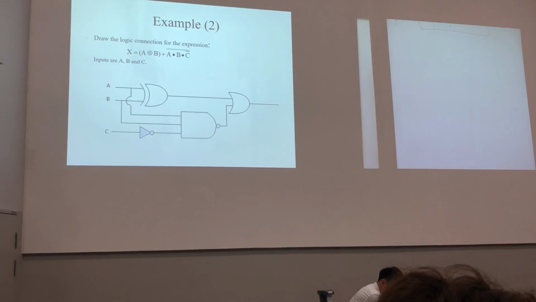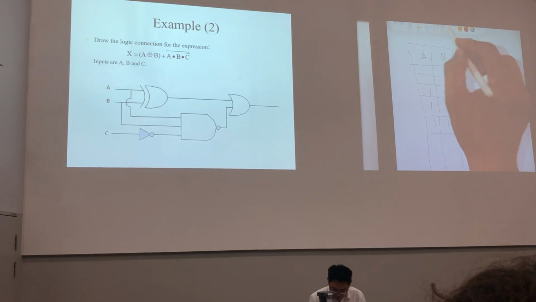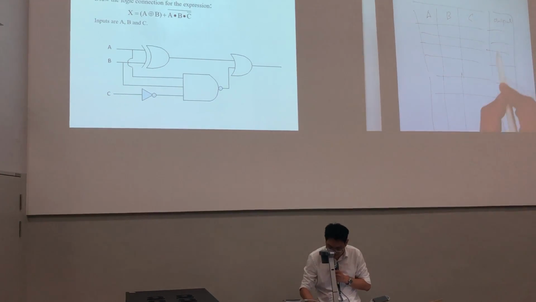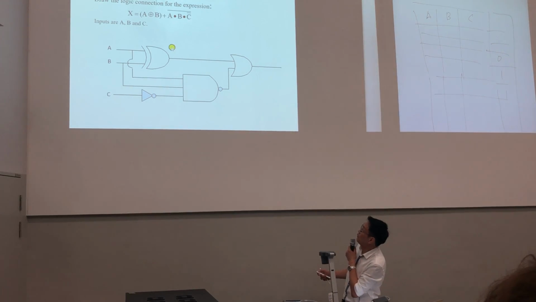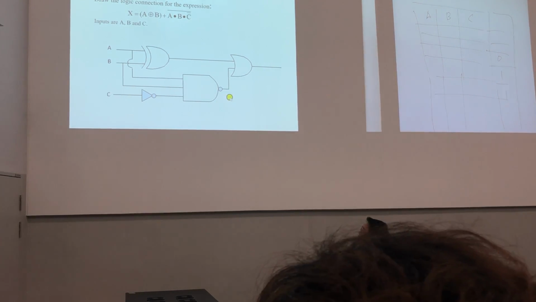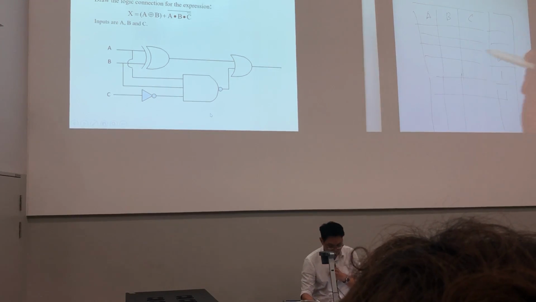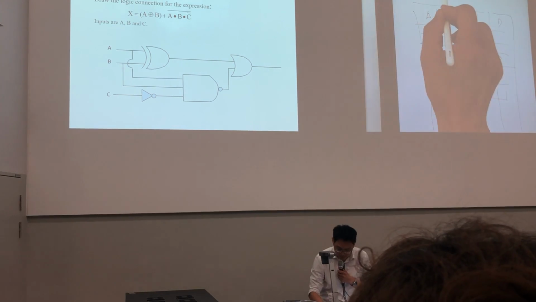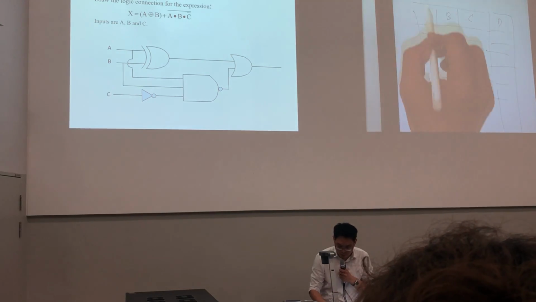Let's say in this case, actually we can use this example. Over here, let's say this one I put here is D. First of all, how to fill in here?